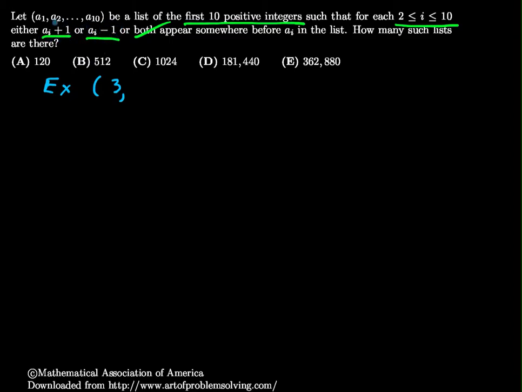If I go down to 2, my term plus 1 is on there, but I can't choose any other. Let's just say I put in 4. The next choice I have is to go up to 5, or down to 2, because 5 is 1 bigger than 4, and 2 is 1 less than 3.